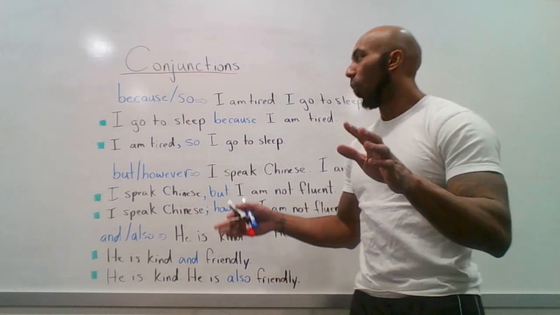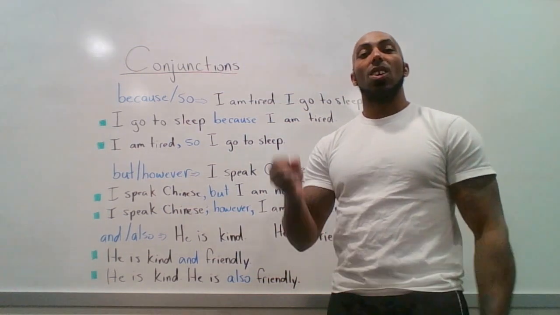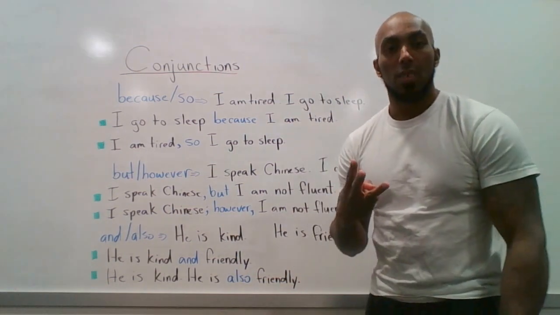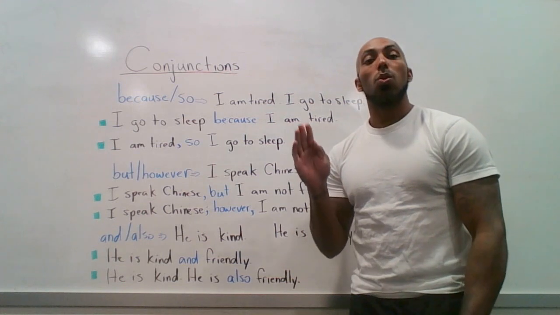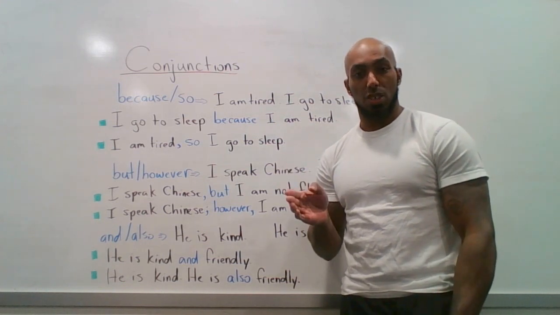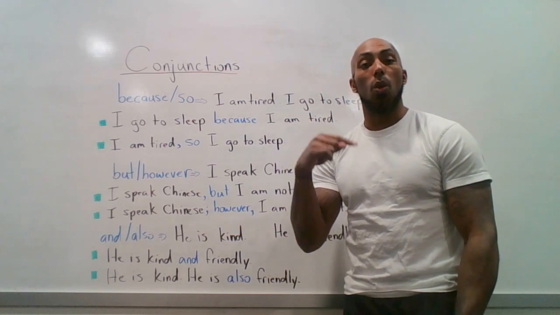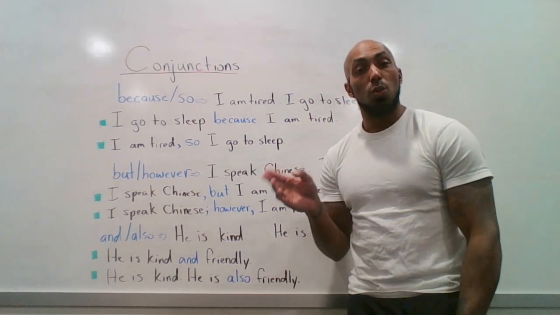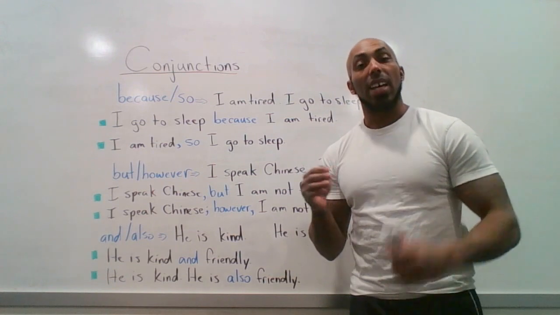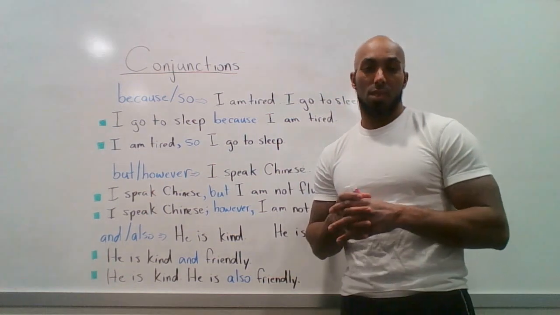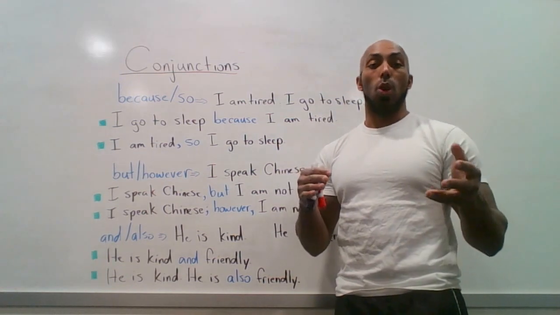Okay. What I've done is I've taken three common conjunctions that you will always see in English. And I've also taken one more conjunction for each one of those three that is the same thing, but a different word.